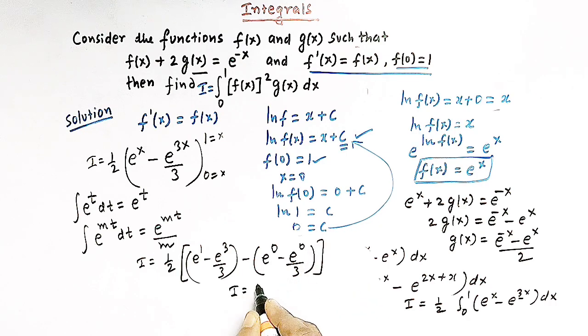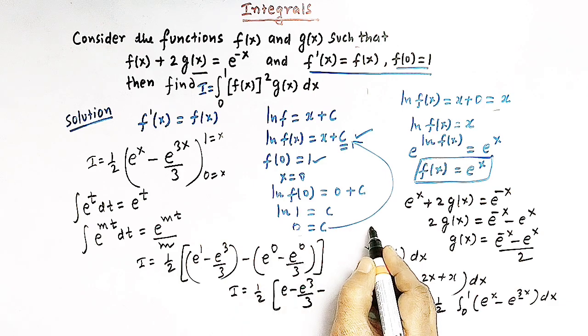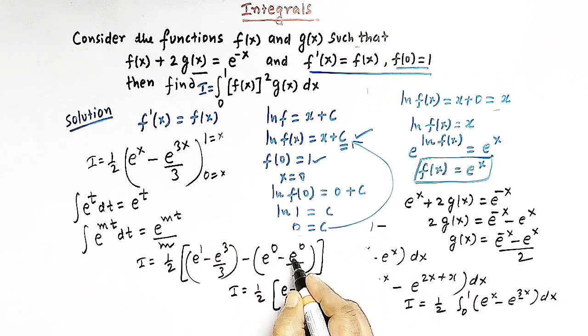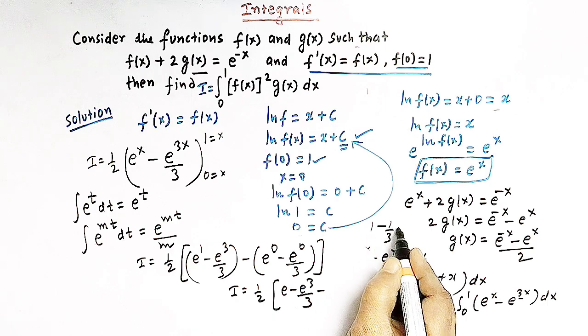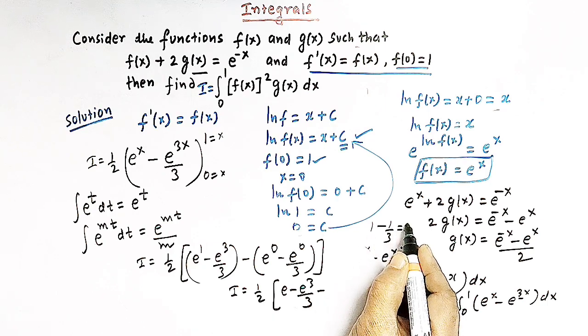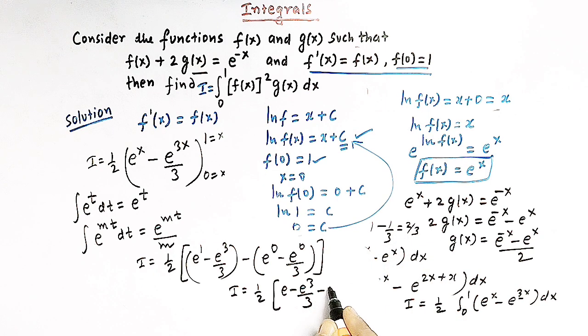So this is half, and we have here e minus e cube over 3 minus here we have e raised to 0 is 1. Here also e raised to 0 is 1. So we have 1 minus 1 over 3, that is 2 over 3. So here we have 2 over 3.